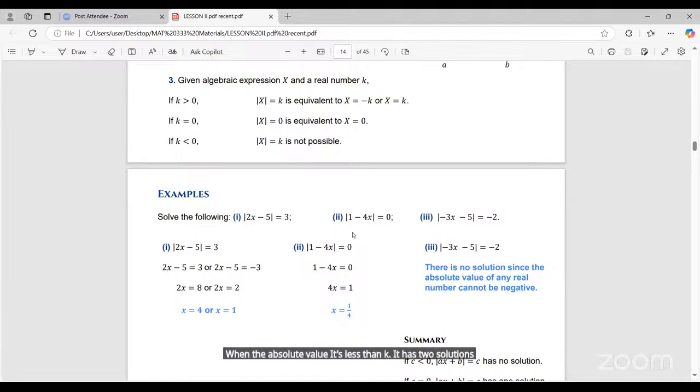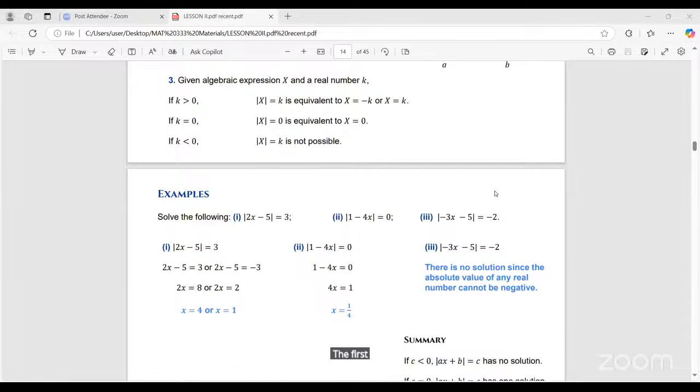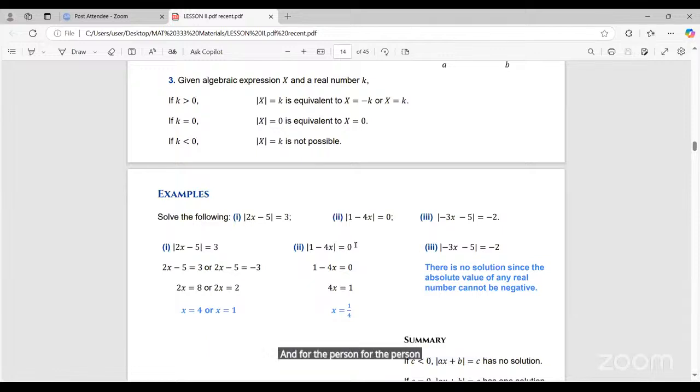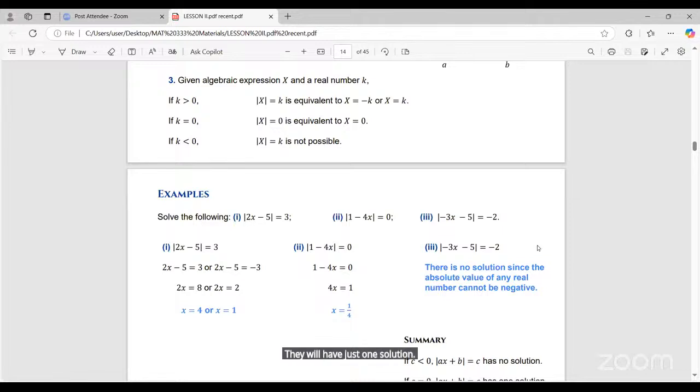When it's greater, there are two possibilities, not solutions. The first is that it must be equal to 0 or less than 0. And for the situation where the absolute value is equal to 0, we'll have just one solution. When the absolute value is negative, then it will have no solution.